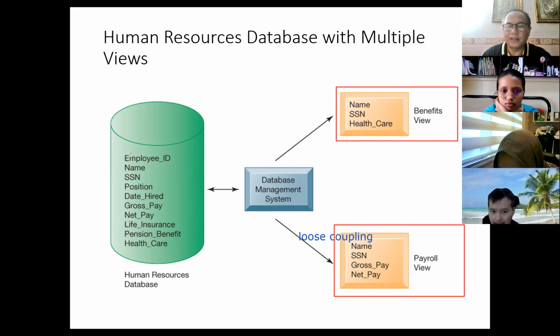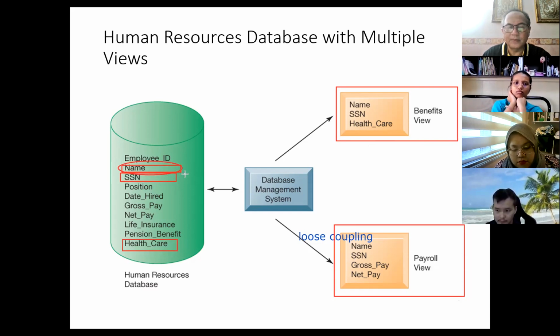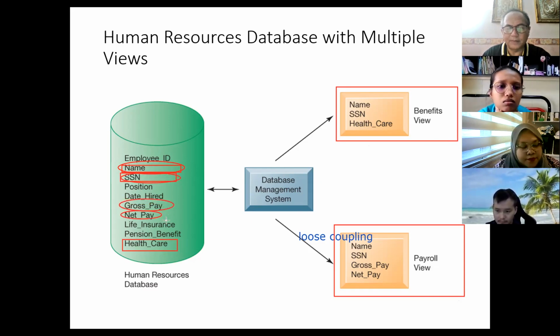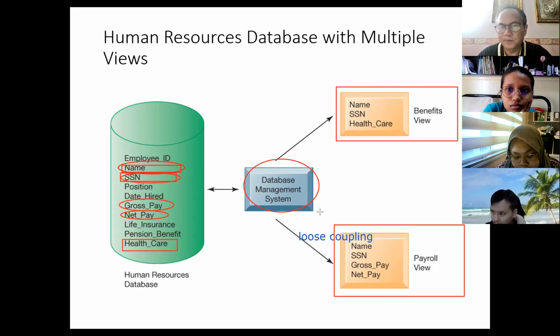For example, name, SSN, and healthcare are only seen by a certain group, and for the payroll they see name, SSN, gross pay, and net pay. So every unit or every person has a different view on the same data. This is organized by a central database management system.